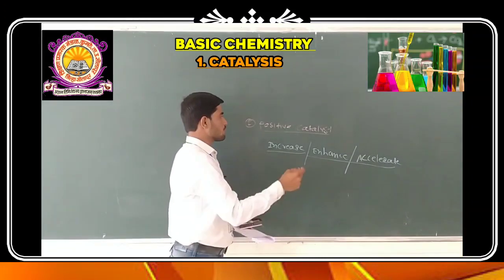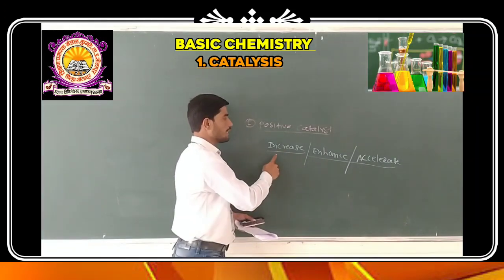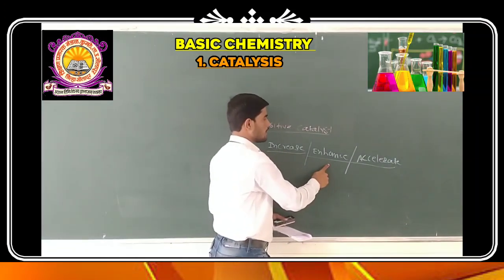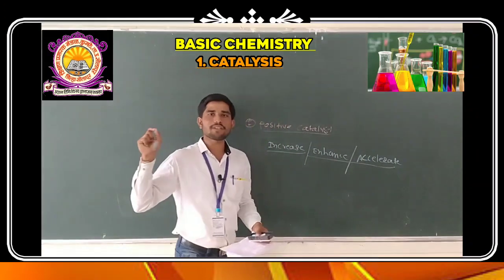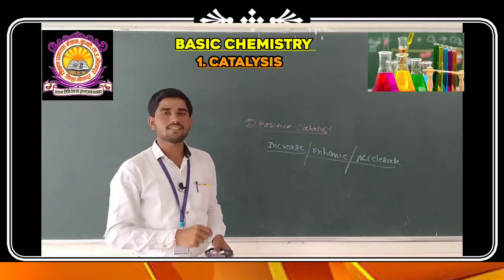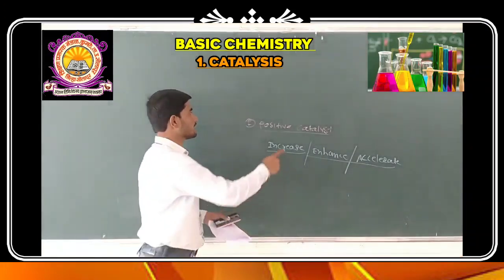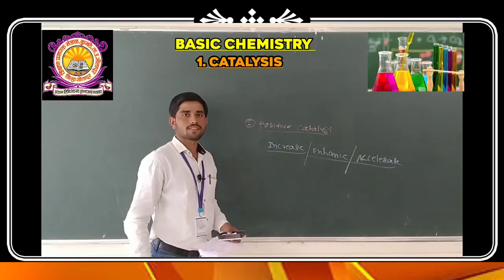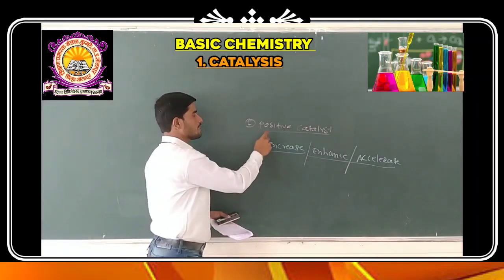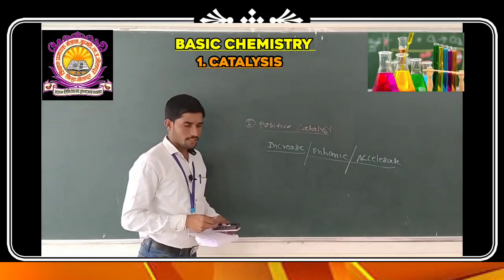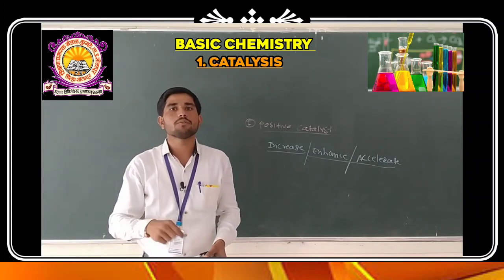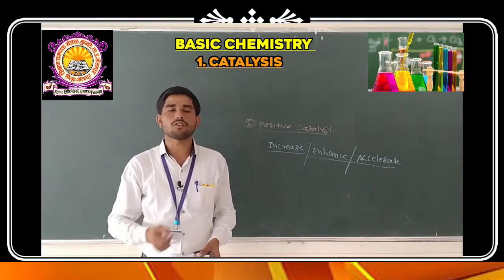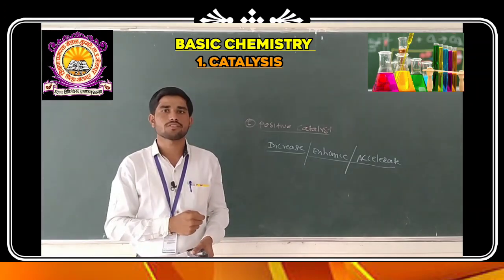The substance which is useful to increase, to enhance and to accelerate the rate of chemical reaction, such a type of substance is called a positive catalyst. Then how does the positive catalyst work during the performing of chemical reactions?